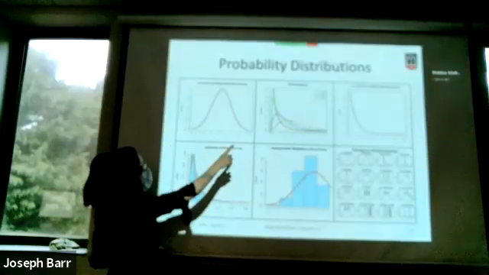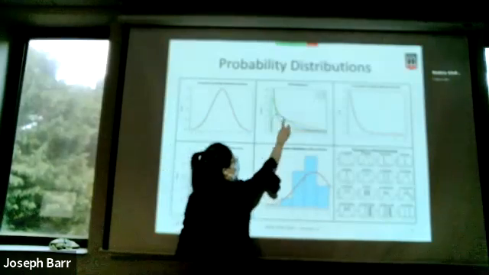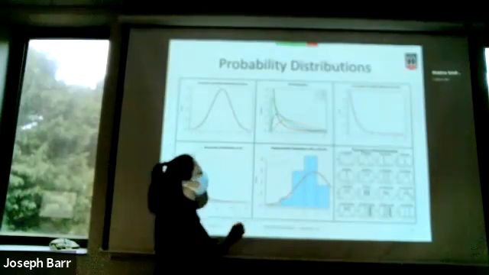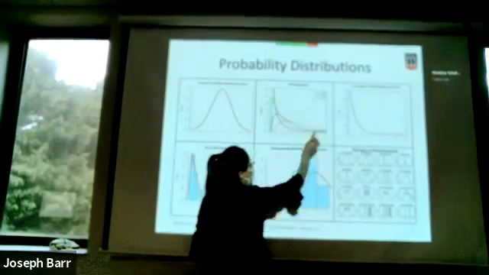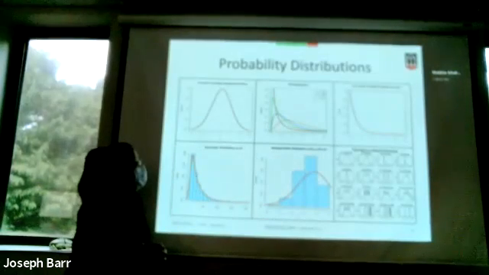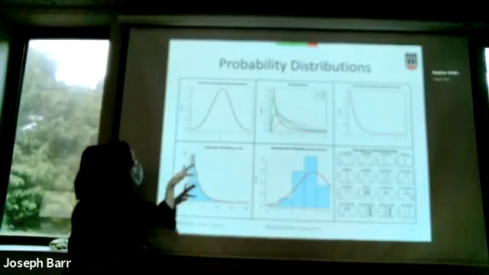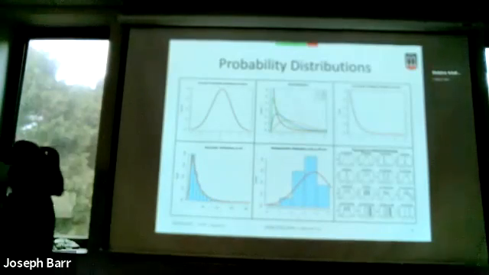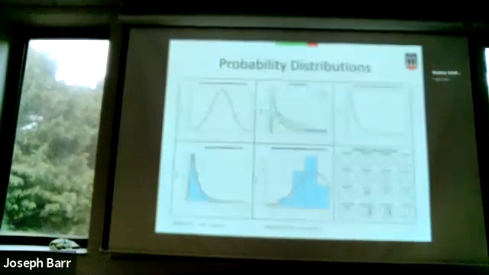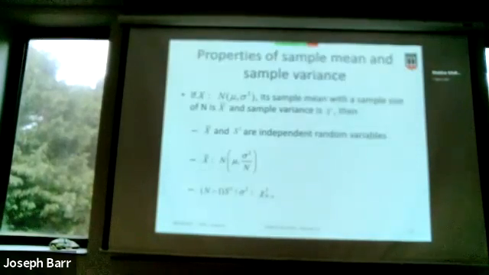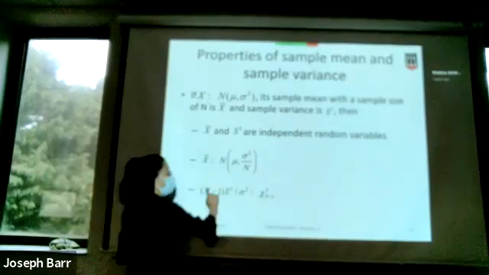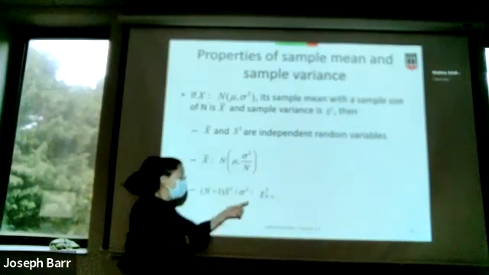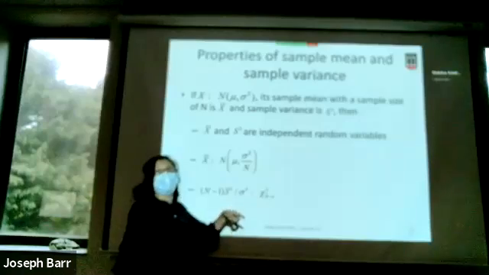With degrees of freedom 3, it becomes the blue one. Then we have this golden one. So with different degrees of freedom, the shape of the distribution will be different. So the ratio of these two statistics follows the chi-square distribution with degrees of freedom n minus 1.